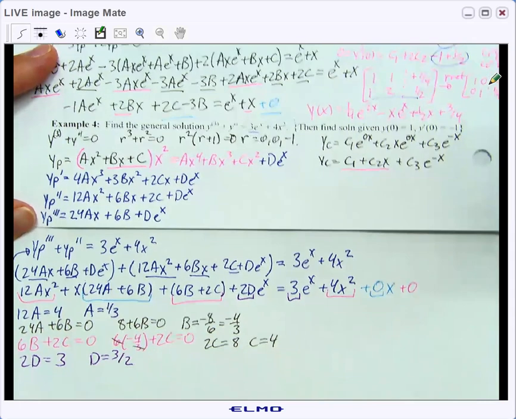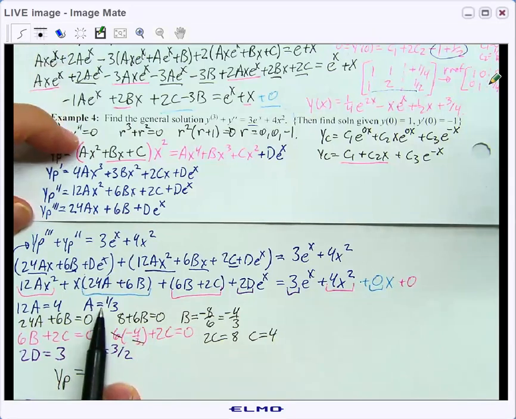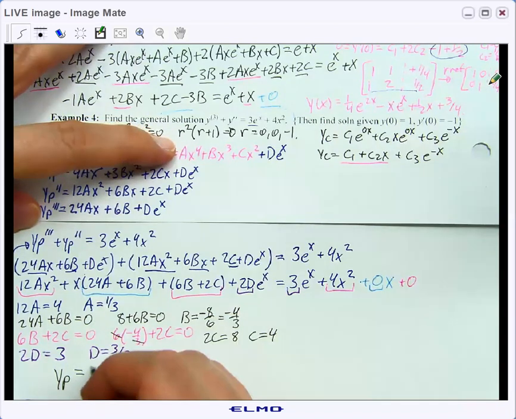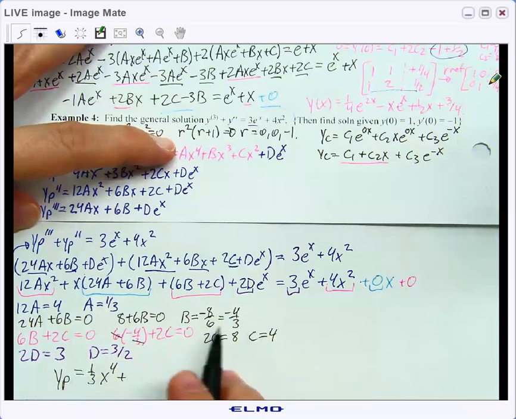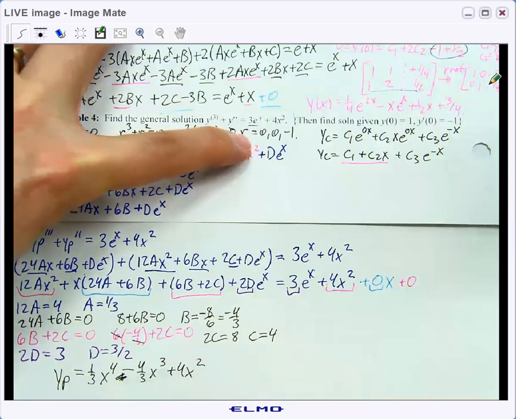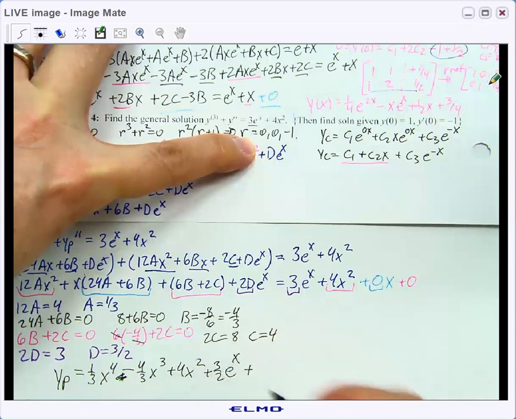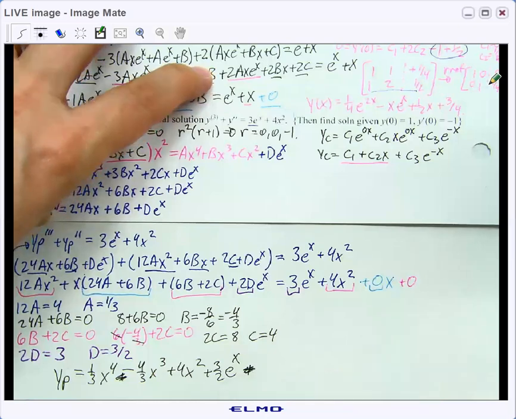And so our particular solution: a is 1/3, so we'll have 1/3 x⁴, minus 4/3 x³, plus 4x², plus 3/2 e^x. That's our particular solution.